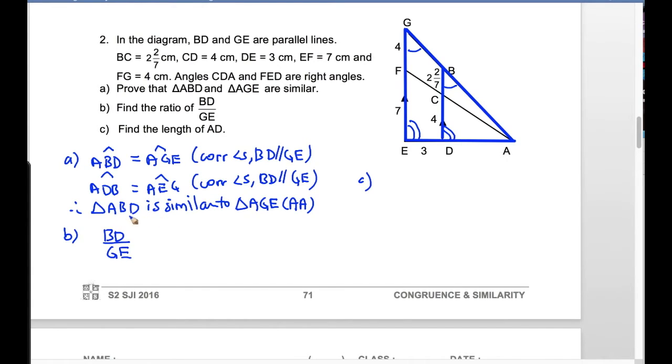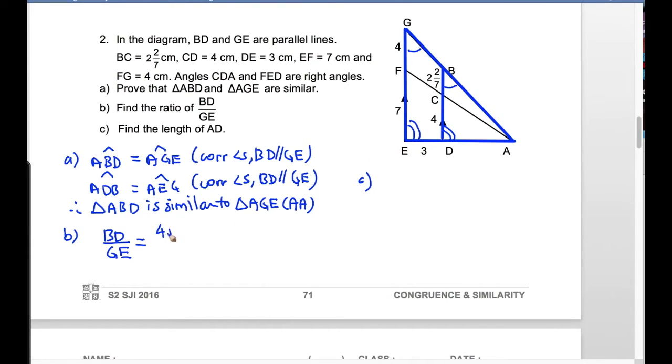Therefore, triangle ABD is similar to triangle AGE because we have a pair of corresponding angles, AA.